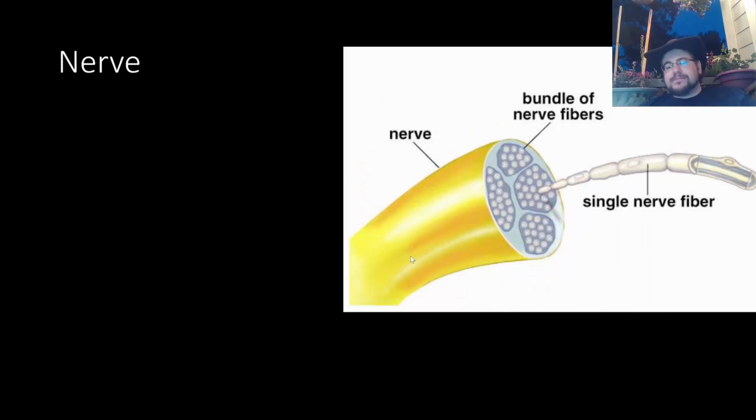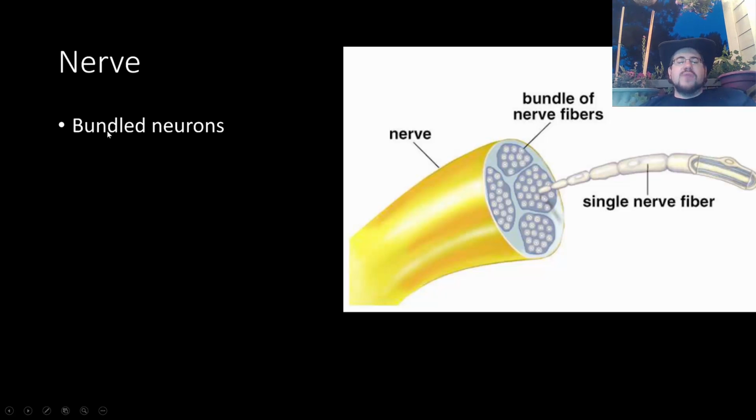So in the body, we call the neurons nerves. And nerves are arranged into a certain structure. A nerve is actually a bundle of neurons, specifically the axons of neurons.